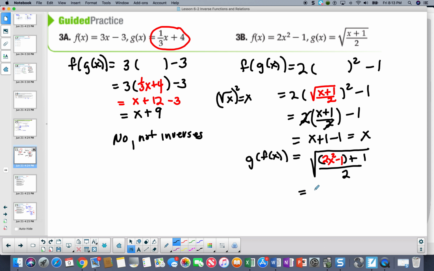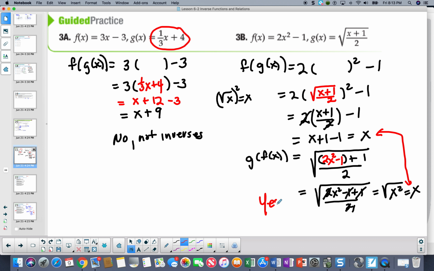All right, and then I'm going to get the square root of 2x squared minus 1 plus 1 over 2. The 1's are going to go to 0. I can do a little reducing with the 2's. And I'm going to get square root of x squared, and I know that becomes x. So I got x in both cases where I took a composition, so the answer is yes. They are inverses.